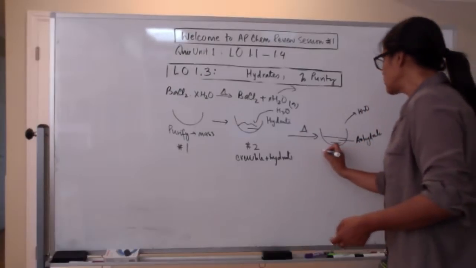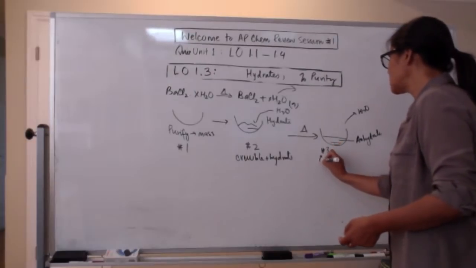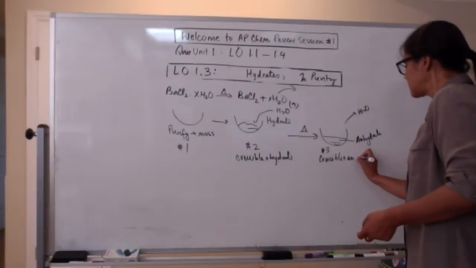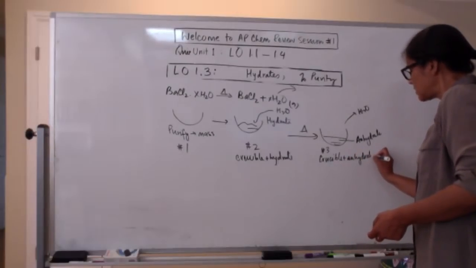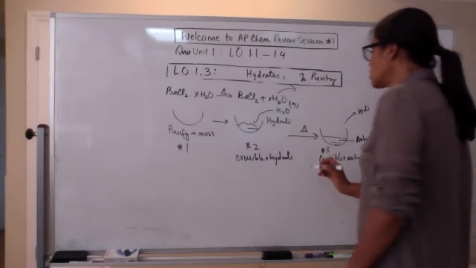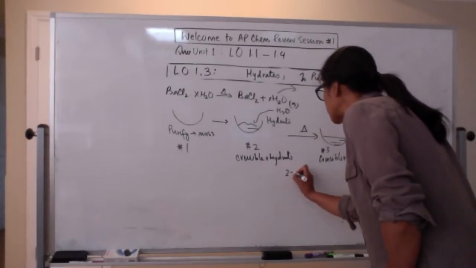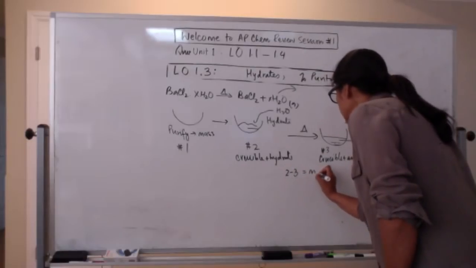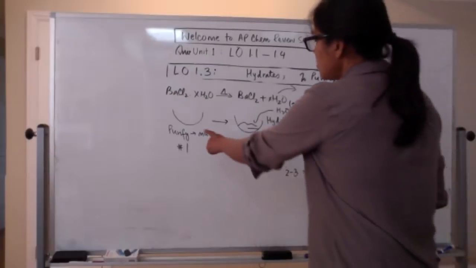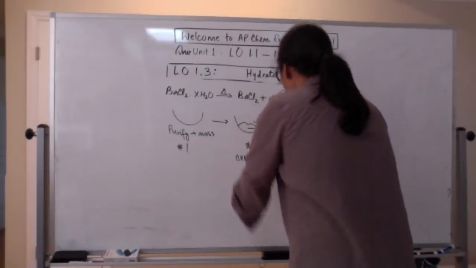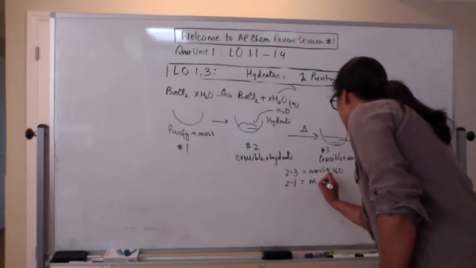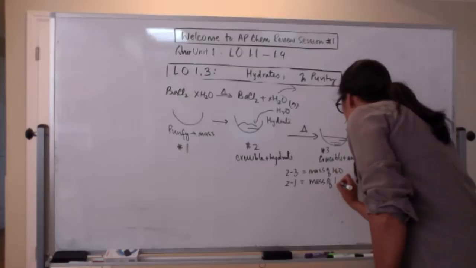So this is third data, which is crucible plus anhydrate. This one will be lesser than the second. So if you subtract the third from the second, you will get mass of water. And if you subtract the first reading from the second, you will get mass of hydrate.